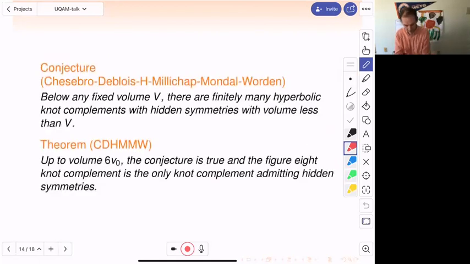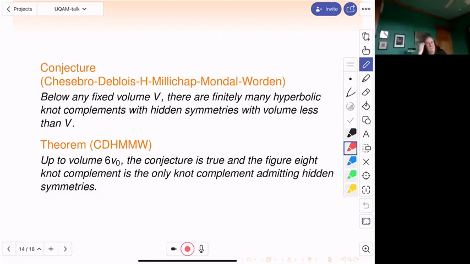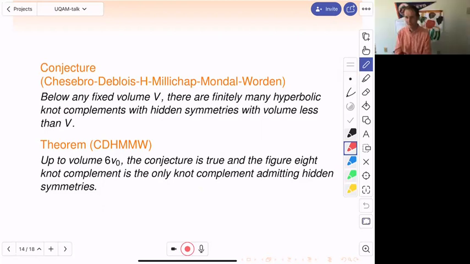So in the spirit of trying to figure out how we can build knot complements with hidden symmetries, how can we find knot complements that regularly cover some object?